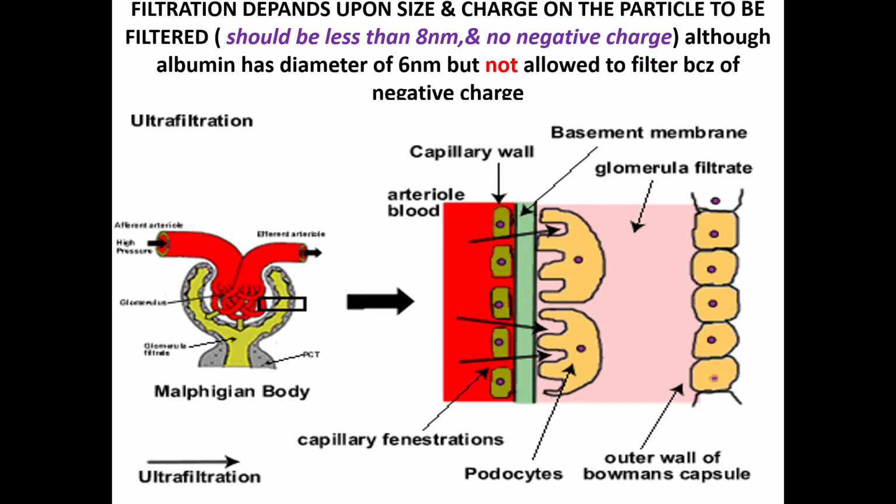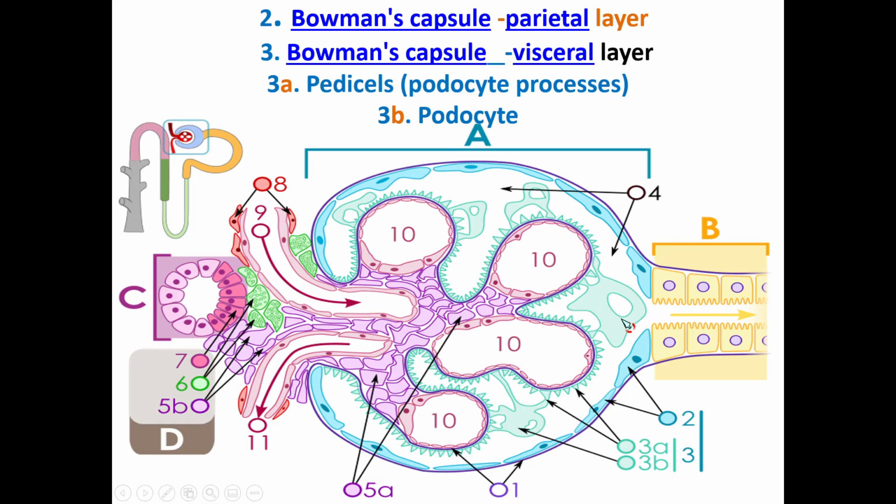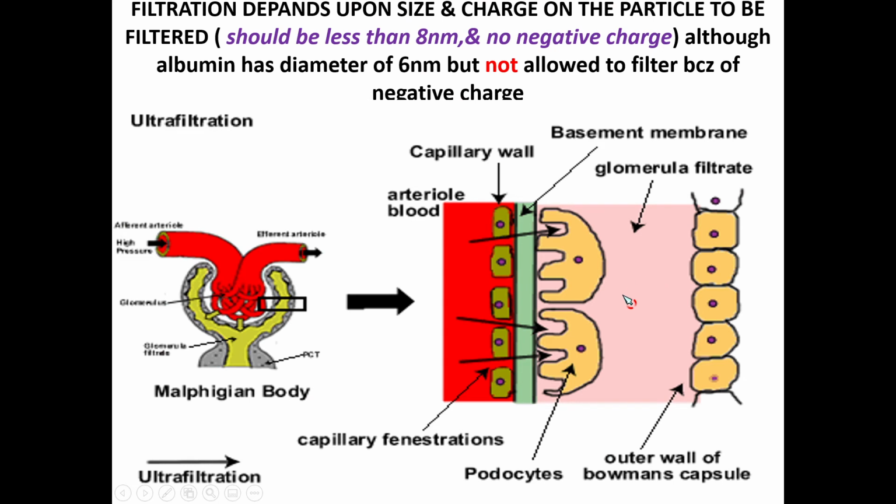On the other side, if you look from the Bowman capsule, this is the parietal layer of the Bowman capsule, and this is the visceral layer. The visceral layer has epithelium cells that are large in size, and they send finger-like extensions. Follow my cursor, the arrow.